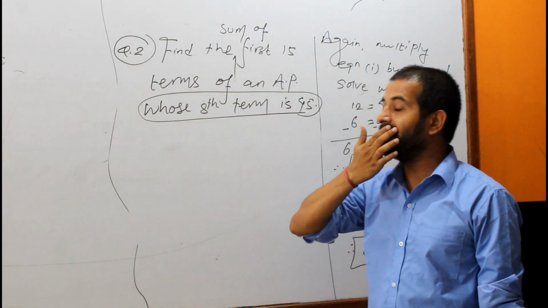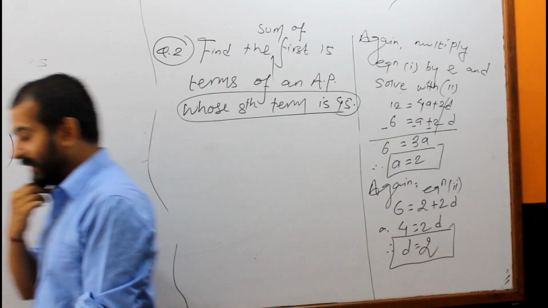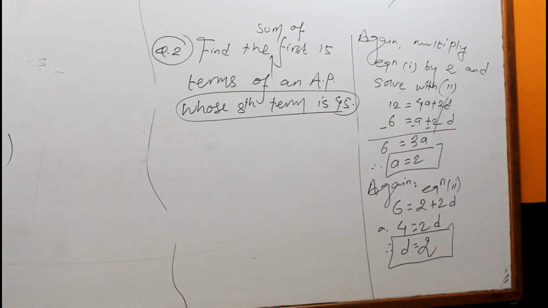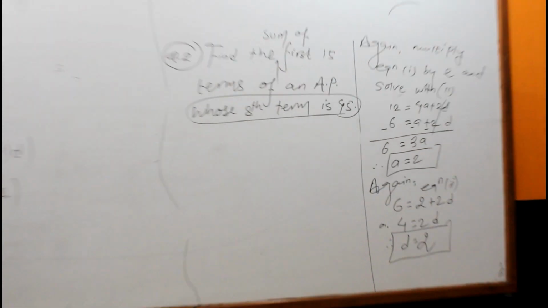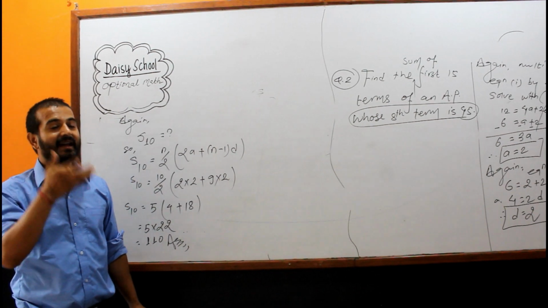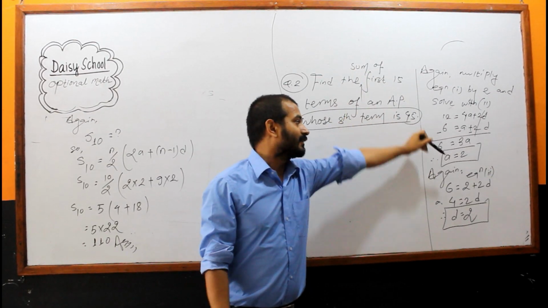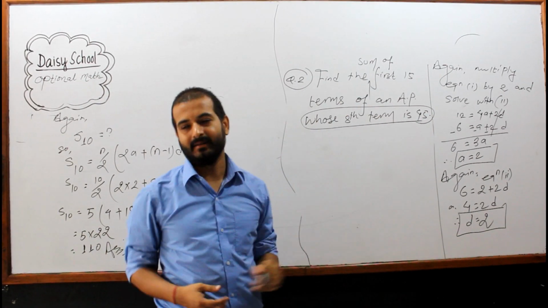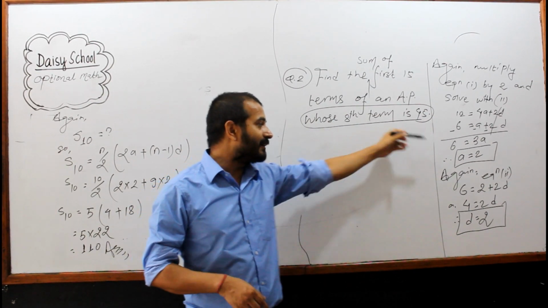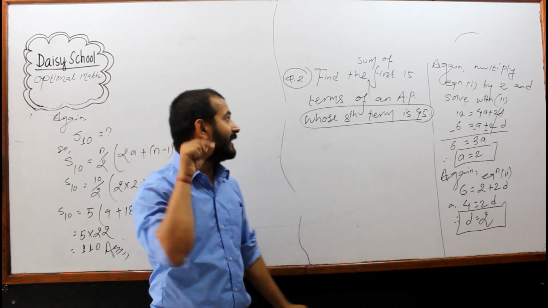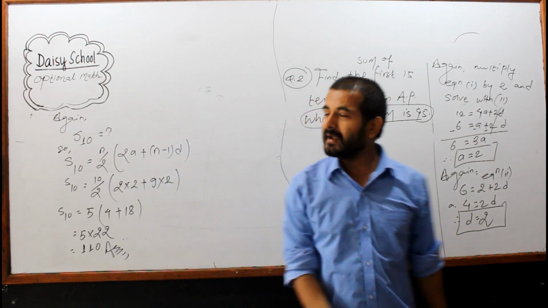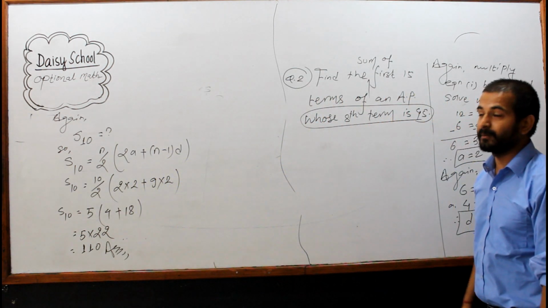Such questions are tricky, my dear students. Here you don't need to find a and d separately like in the previous question. That is why without finding a and d, you can find the sum of the first 15 terms. Sometimes these questions will surprise you.